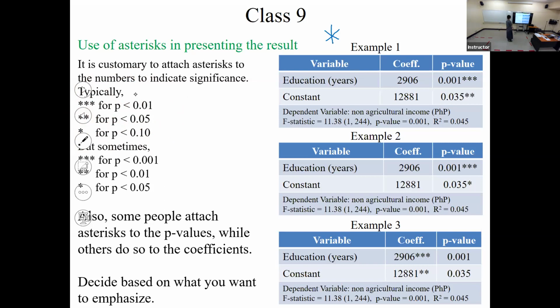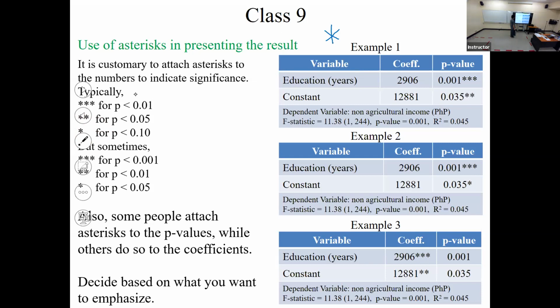If not, if the p-value is still below 10%, then you show 1 star. Other than that, you don't put a star. So when the p-value is larger than 10%, you will not put the asterisk. That is one common method.